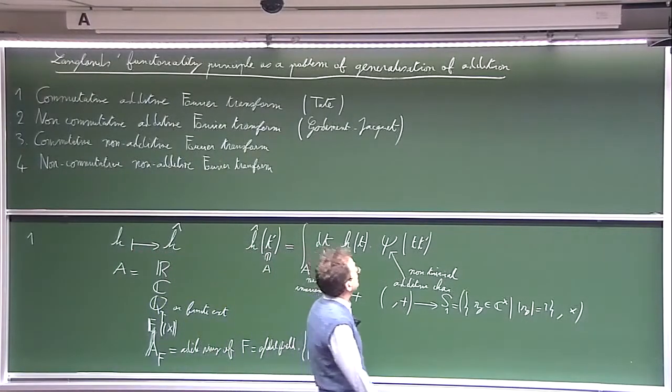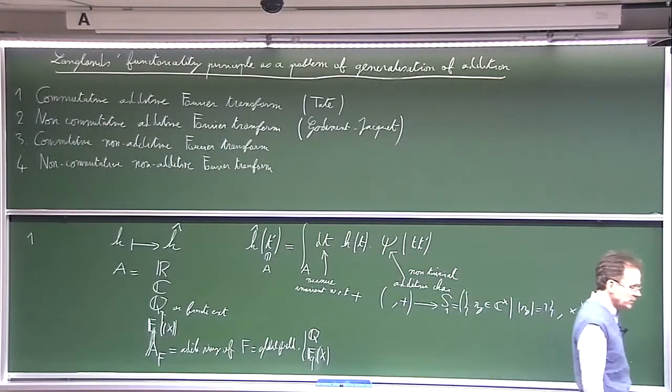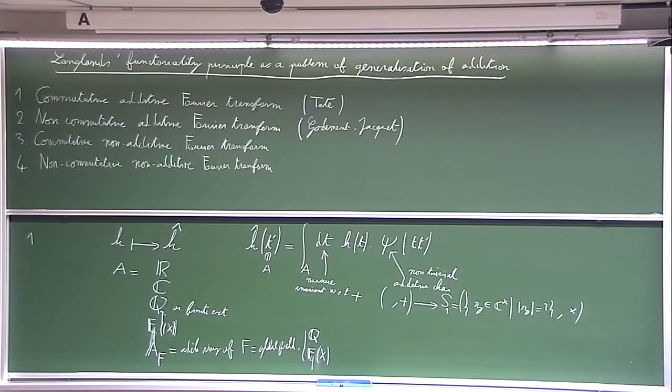And then what I want to list on the blackboard are the main properties of the Fourier transform. I am going to write very basic things, but which in fact are extremely important. These basic properties of the Fourier transform are what we would want to generalize in the non-additive or non-commutative setting, which I will explain later.